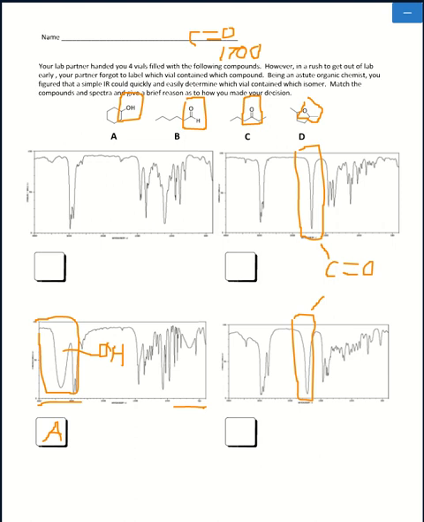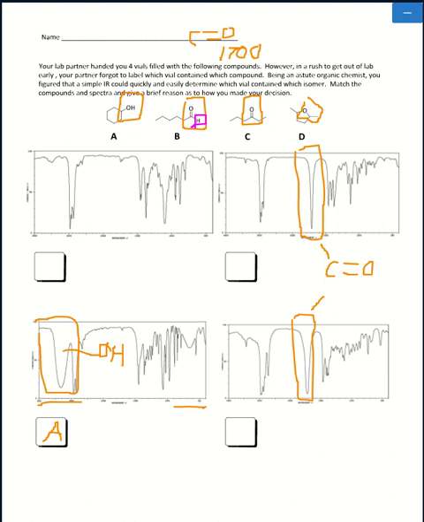Well, what should be emphasized is that aldehyde hydrogen, this guy right here. That carbon bonded to a hydrogen, an aldehyde hydrogen, will show up as its own peak as well.